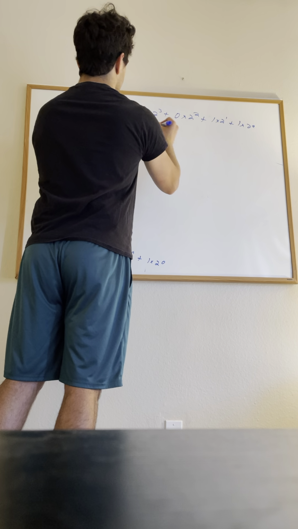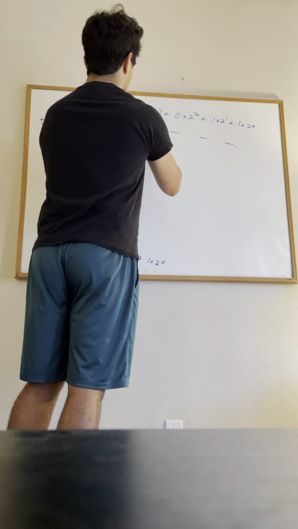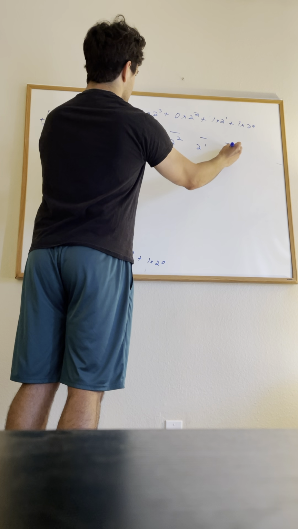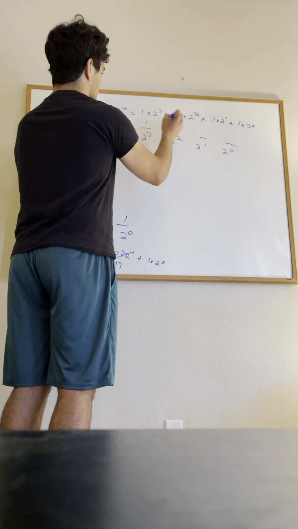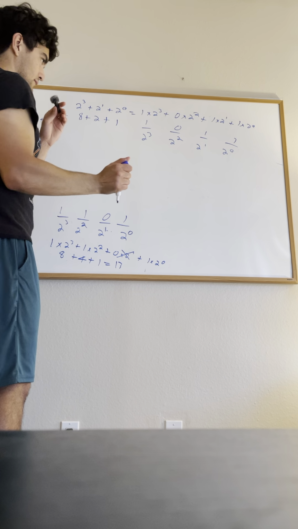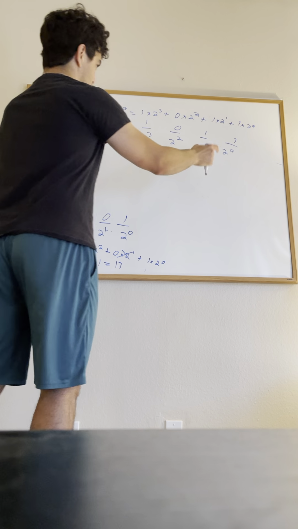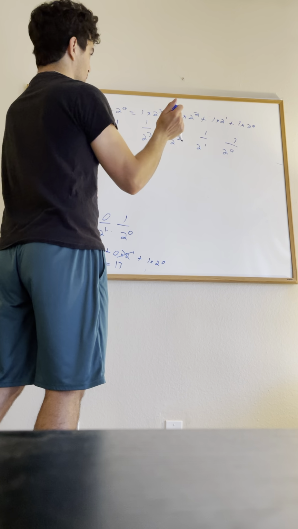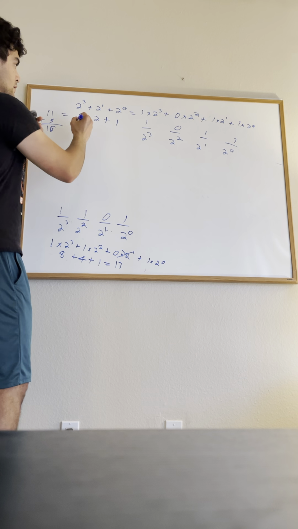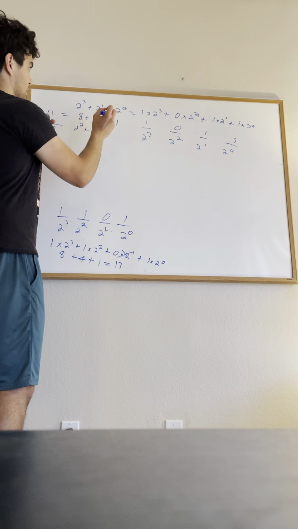And so if we want to write this in our little form like this, 2 to the 3, 2 to the 2, 2 to the 1, 2 to the 0, it's going to be 1, 0, 1, 1. Or we have 1 plus 2 is 3, plus 8 is 11. And then for 5, it's just going to be 2 to the 2 plus 2 to the 0.